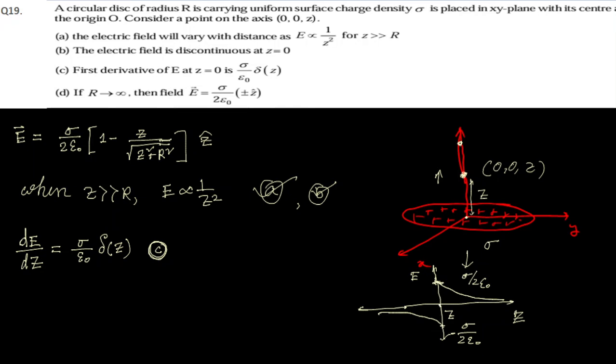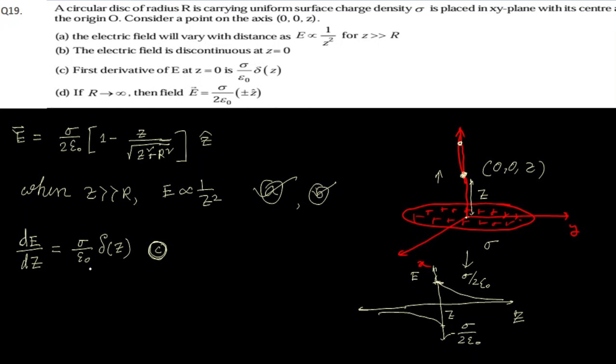But when you go from the left side to the right side, delta z is 0, but delta E is not 0. So something non-zero divided by 0, what will that give you? That will give you infinite. And we also know that at delta z equals 0 it will be infinite. So that's why it is replaced by the Dirac delta function.